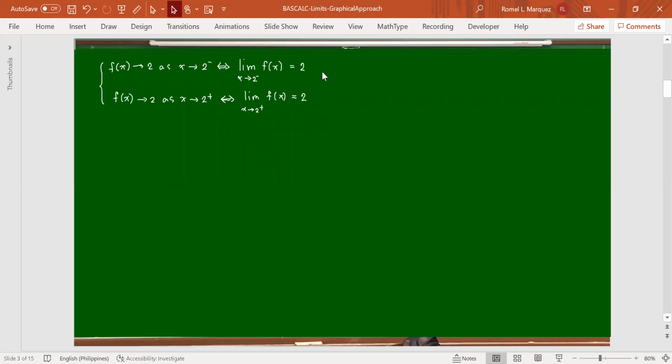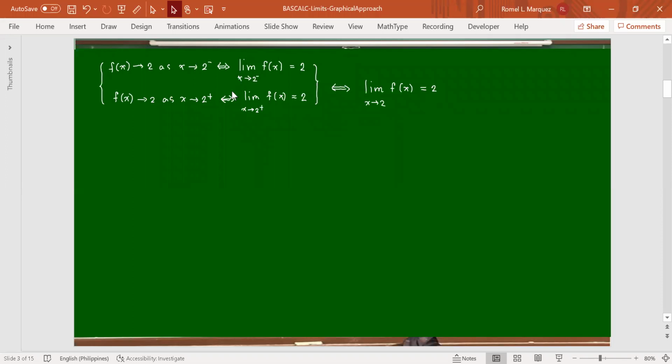Collectively, these two behaviors can be written in just one notation: limit of f of x as x approaches 2 is equal to 2.